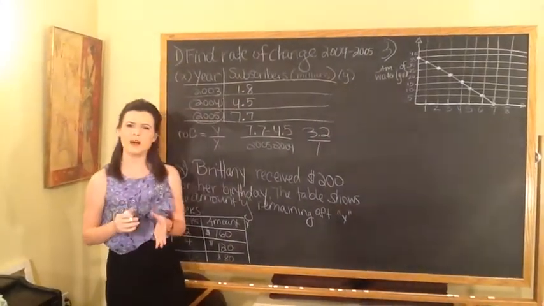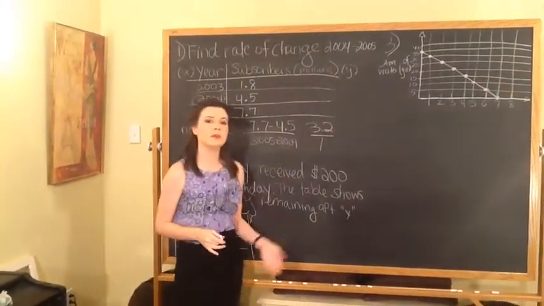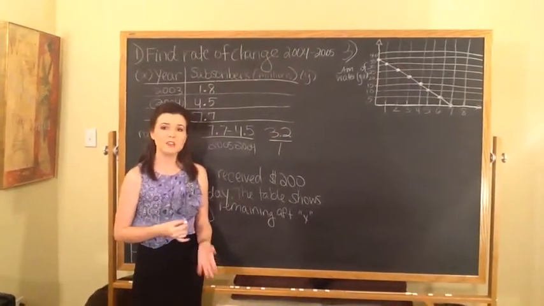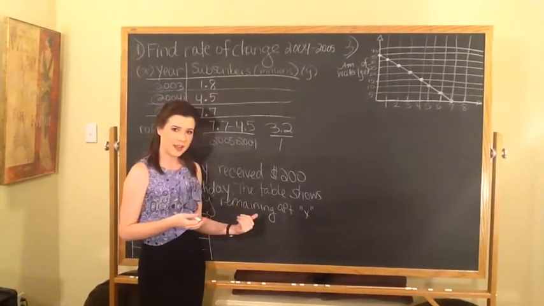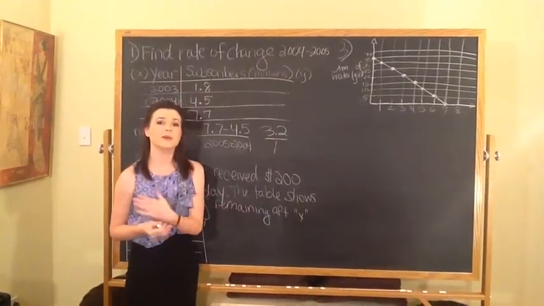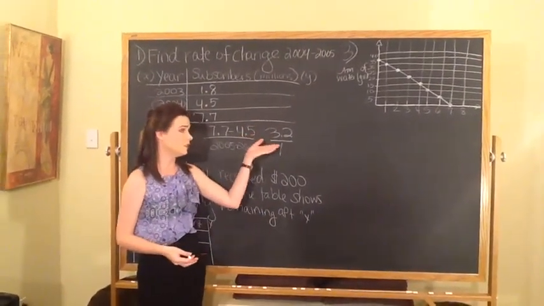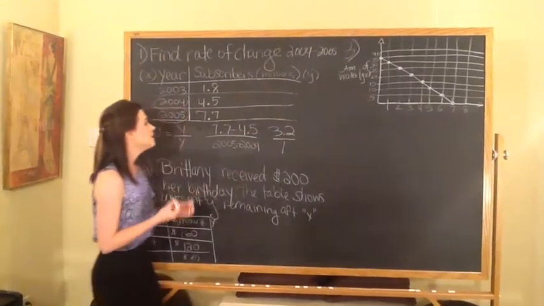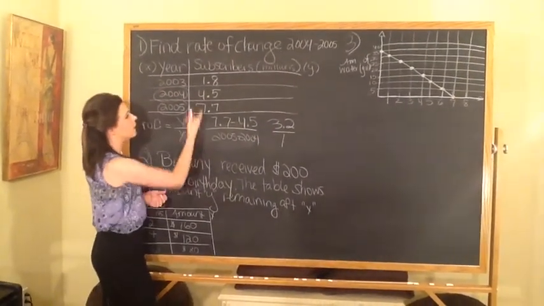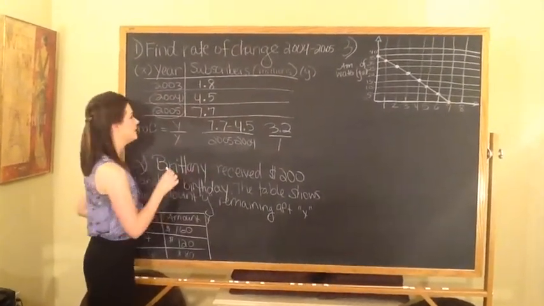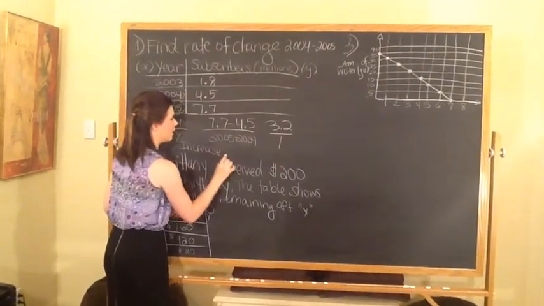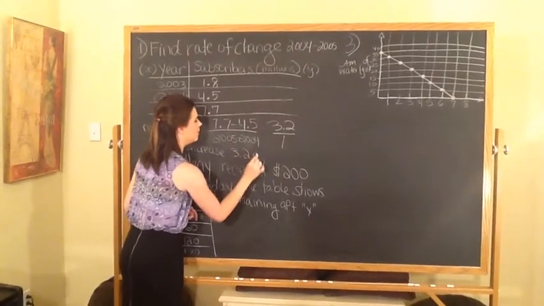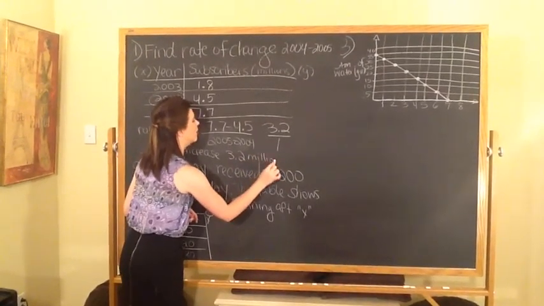Now, you can't stop there, because that doesn't show you understand what's going on. Sometimes the instructions say to interpret it, which basically means to explain it. So what does 3.2 over 1 mean? Are we increasing or decreasing? We're increasing 3.2 million, million what?